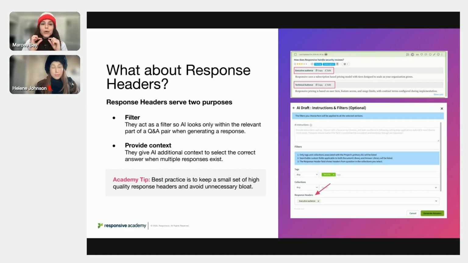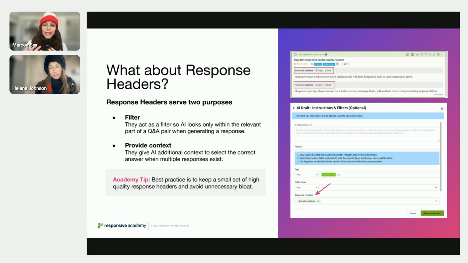Now, there are some risks that come with leaning on response headers when it comes to your content library. The first one is if you are consistently saving answers from projects into your content library, it retains whatever the response header was in your project when it actually saves into the library.